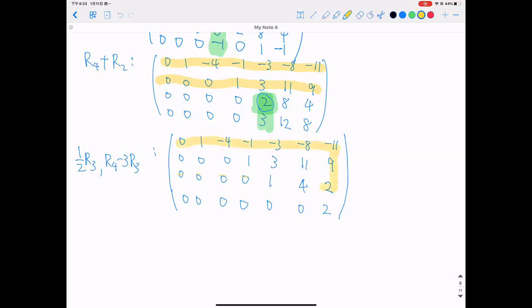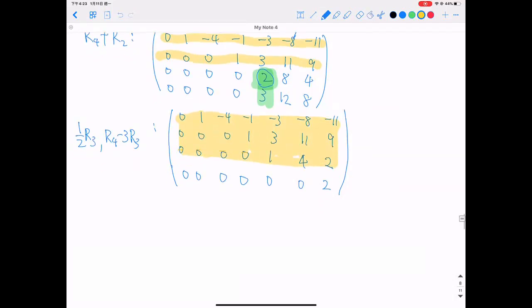And now what we need to do is to ignore the first 3 rows and run the steps for the last row. There's just one thing to do: turning this one single non-zero entry here into a 1.